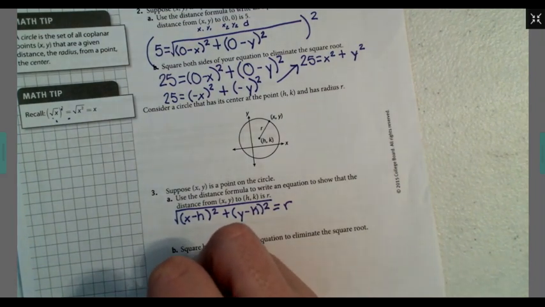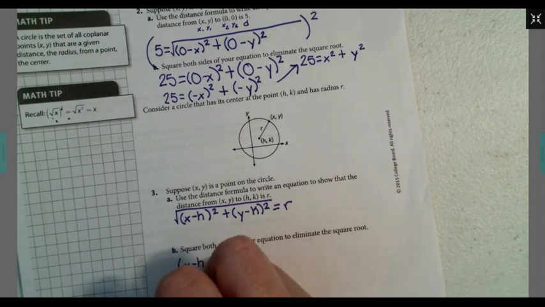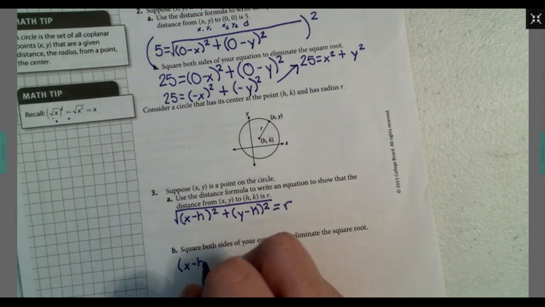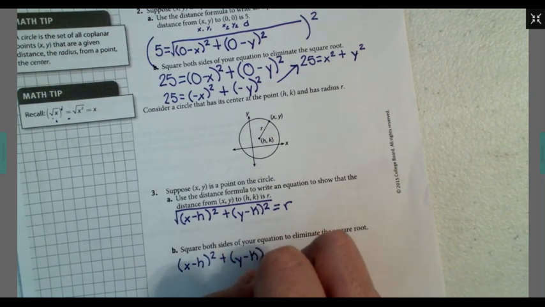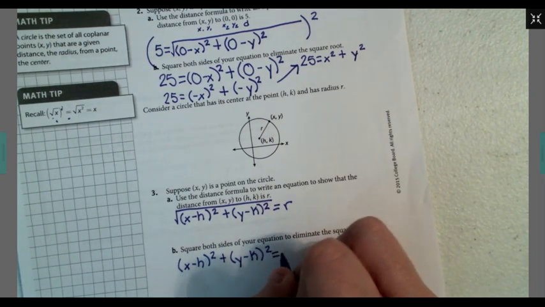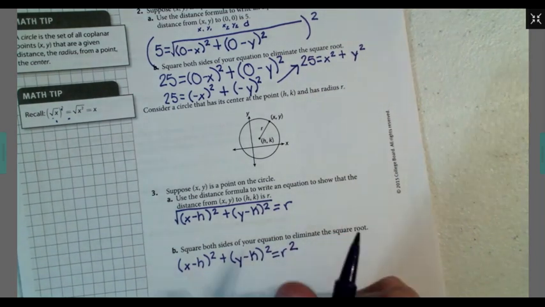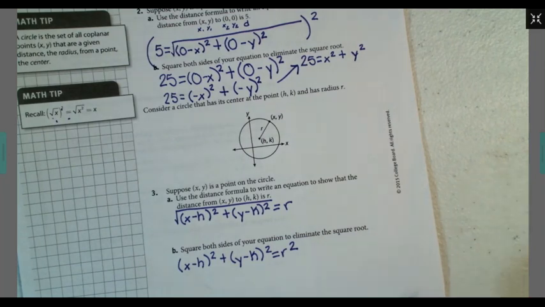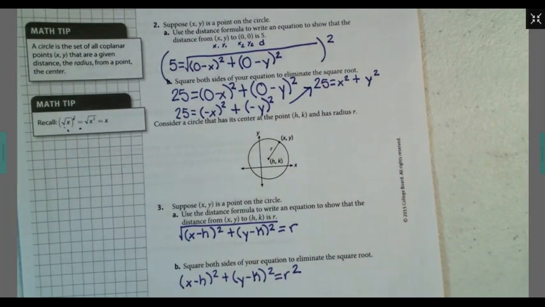So we're going to have x minus h squared plus y minus k squared equals r squared. So radius squared. On to the next set of questions.